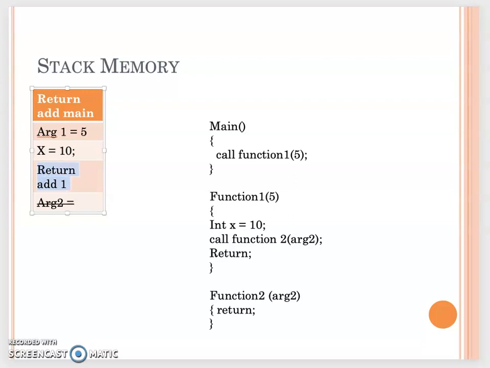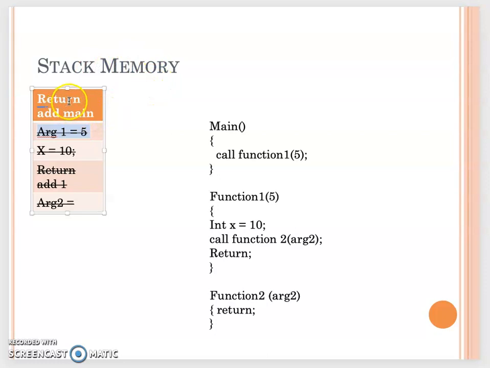Okay, so when they come back to function 1, after you finish function 1, right, you return. Every time we return, before we return back to the main function, those memory will be released. So that's why we call it stack memory.